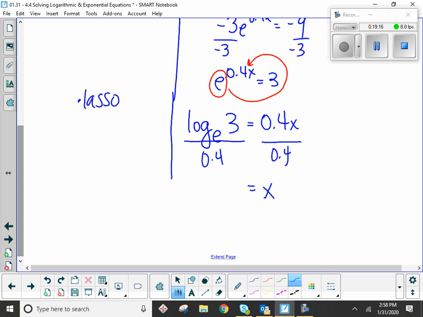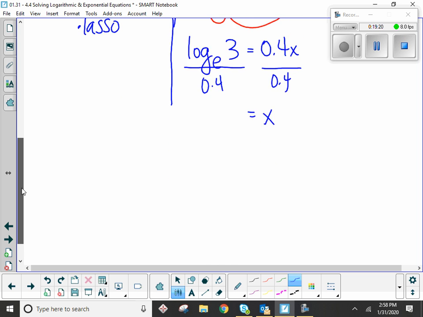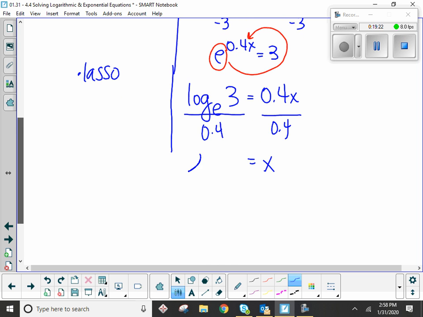So I have x equals log base e, which I'm going to write as ln. You do not have to. I will accept it if you leave it log base e. But I do expect that you can recognize it anytime, that ln and log base e are the same.